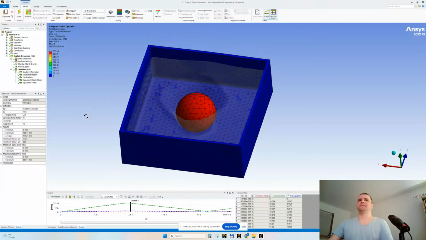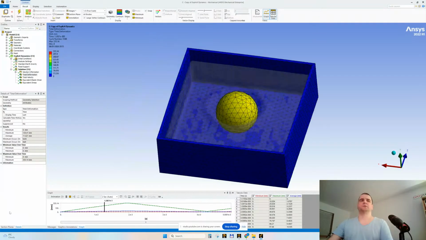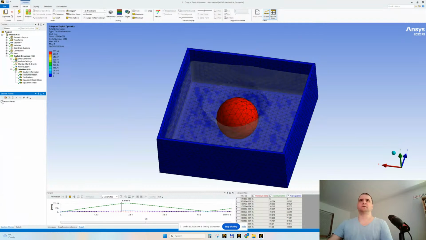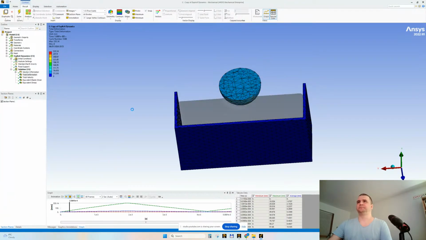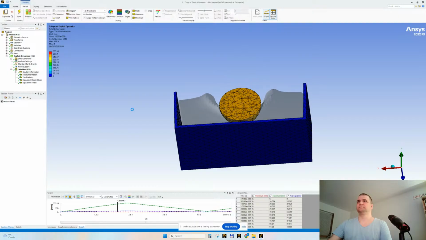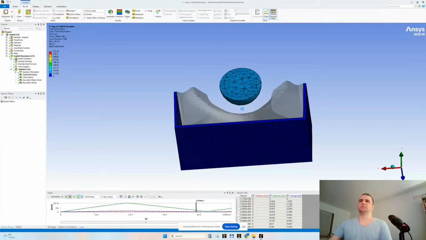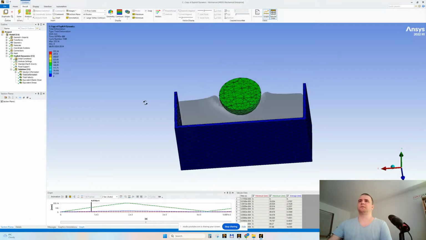It's very nice. We have the option to go in section view, and look here. It reached the bottom and it bounced back, all right?